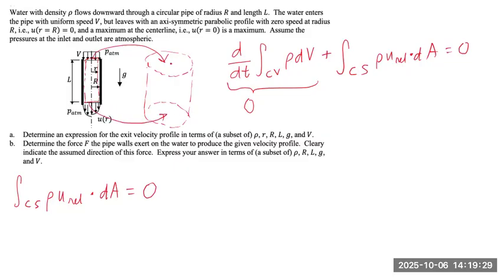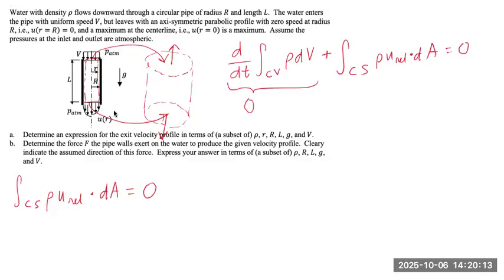And dA will be the vector orthogonal to, or defining the area of, each of these two faces. So basically the volume entering will have to equal the volume exiting in that case. And this is what the control surface tells us.